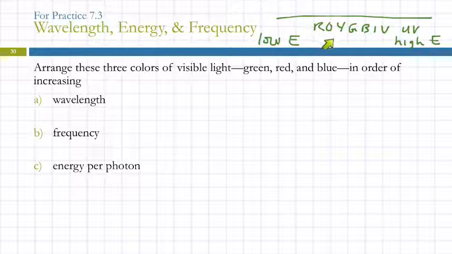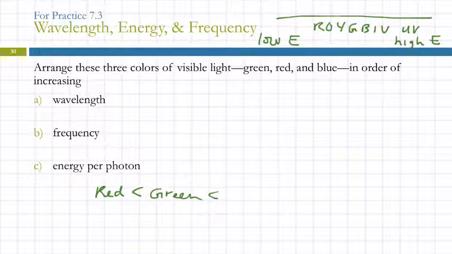Red. And then green, and then blue. So in order of increasing means you start with the low one and you go to the big one. They apparently do not teach this in school these days. People have trouble with this. So red first. The red light is lower in energy than the green light. And the green light's lower in energy than the blue light. The blue light has the highest energy.